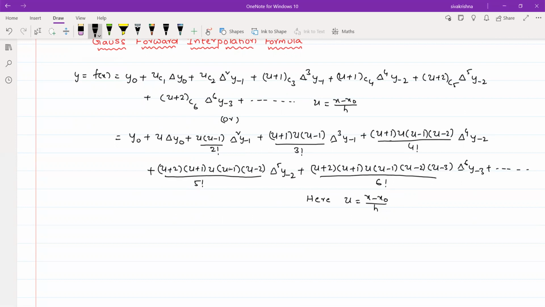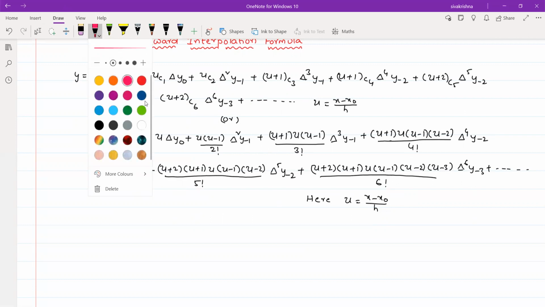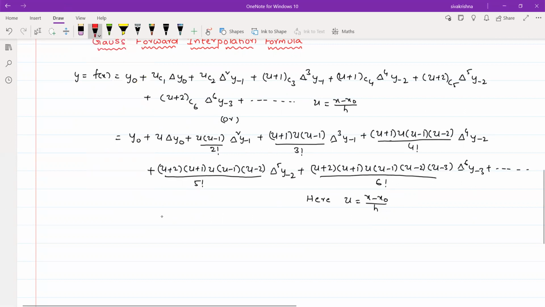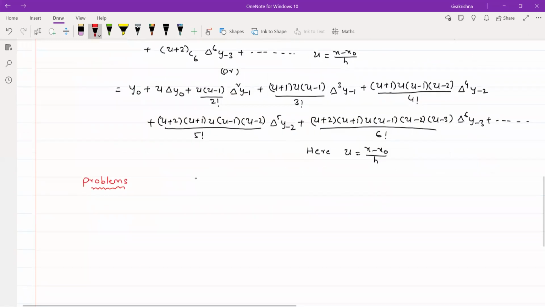Problem 1. Find f of 2.5 from the following table.